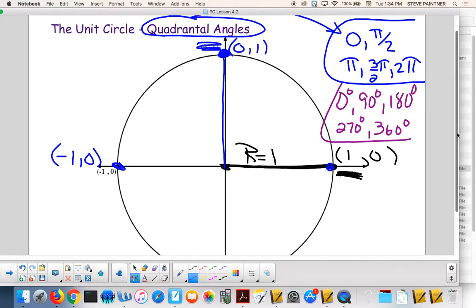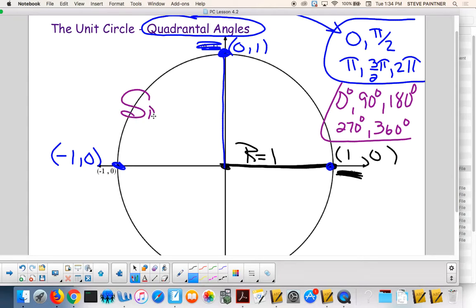All right. So if I ask you this question, what is sine of pi over 2? Write that down.